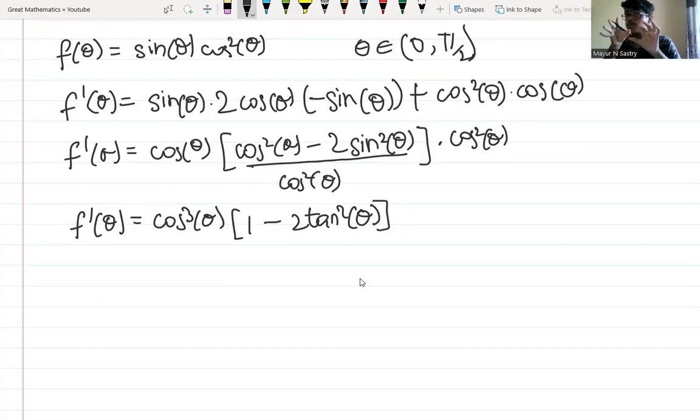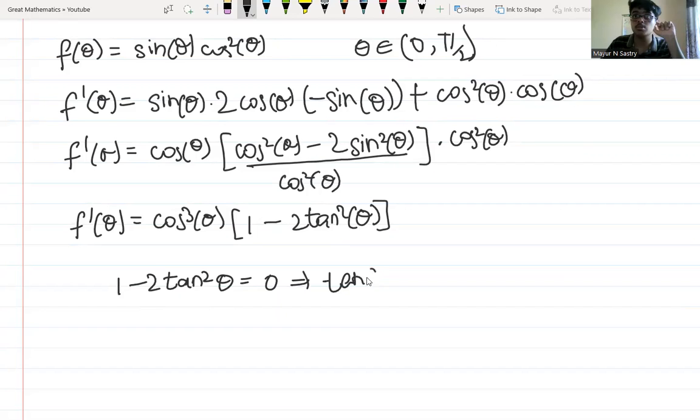But if cosine of theta equals 0, it's only possible if theta equals pi over 2, but that's not possible because theta belongs to 0 to pi by 2, excluding both 0 and pi by 2. That means that we must have 1 minus 2 tan squared theta equal to 0, which means tan theta must be equal to 1 over square root of 2.